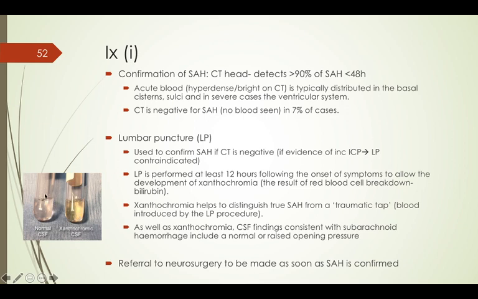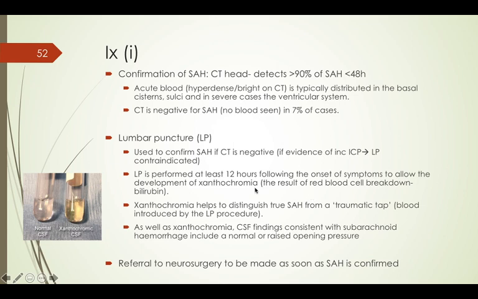The normal CSF is basically like gin. It's very clear. The term is gin clear for normal CSF, and you can see the difference between normal CSF and xanthochromic CSF. You may run into confusion with a bloody tap or a traumatic tap, but you won't get xanthochromia in a bloody tap.